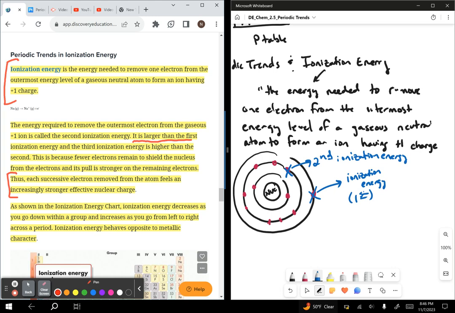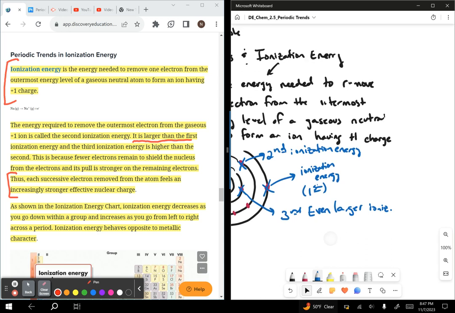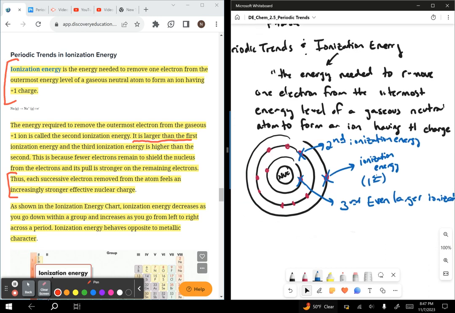What happens if you take a third one? That's going to be an even larger ionization energy. And the reason why is because every time you remove an electron, you have more and more positive charge holding on to the remaining electrons.